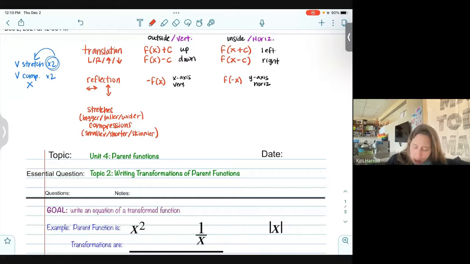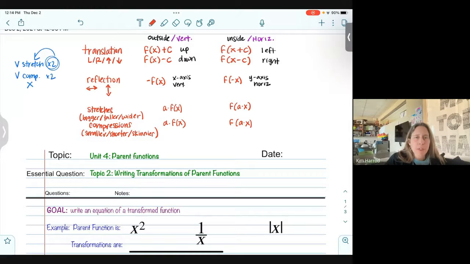Okay, so stretches and compressions all had to do with multiplication of numbers. So whether we were multiplying in front, like 2 times the absolute value of x, or whether we were multiplying inside, like the absolute value of 2x. Okay.